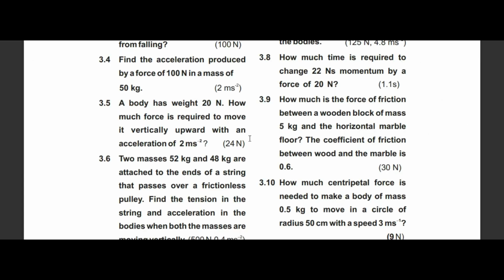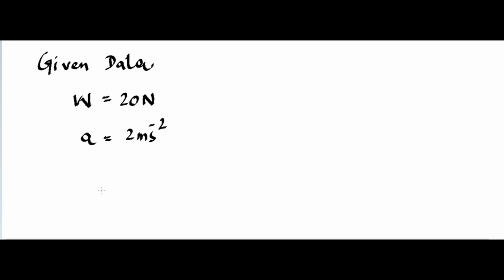The numerical 3.5. A body has a weight of 20 Newton. How much force is required to move it vertically upward with an acceleration of 2 meter per second square? In the given data, the weight of the body is 20 Newton and we have to move it in the upward direction with an acceleration of 2 meter per second square.